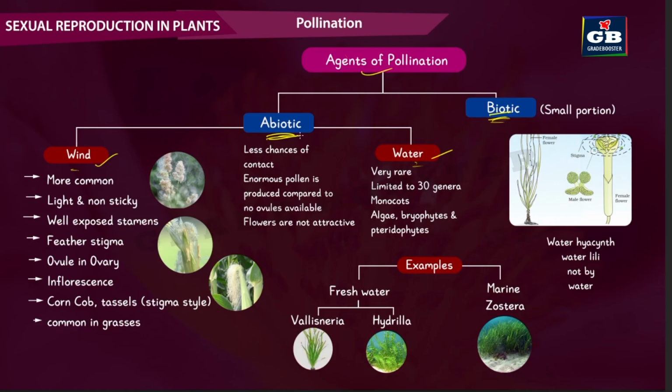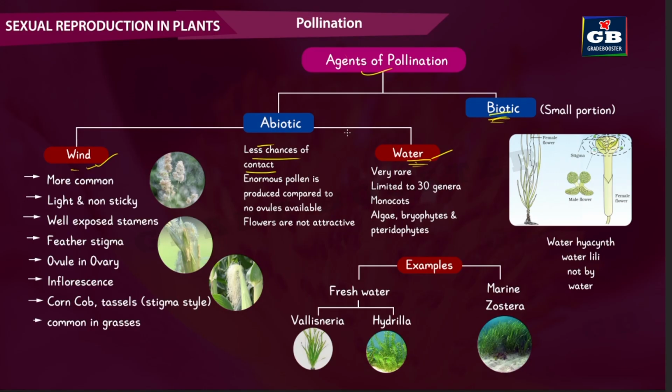Now let us see about these abiotic agents, wind and water. In case of abiotic agents of pollination, there are fewer chances of contact of pollen and stigma, because they are carried by the wind and water. So the certainty is very low.